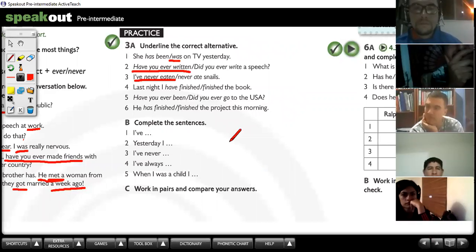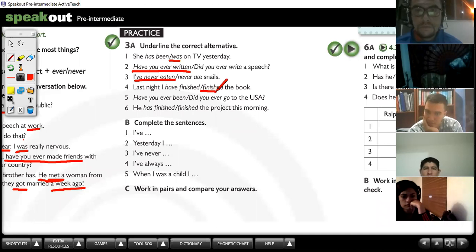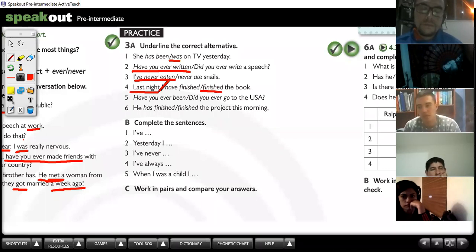What about the fourth? Last night finished the book. I finished the book. Great, finished, because I am being specific with the time, last night. Excellent. Number 5.